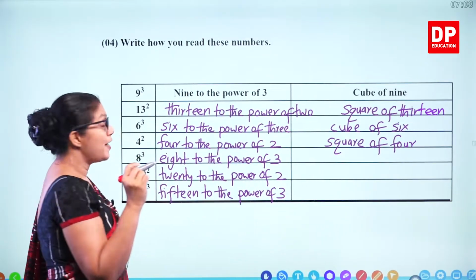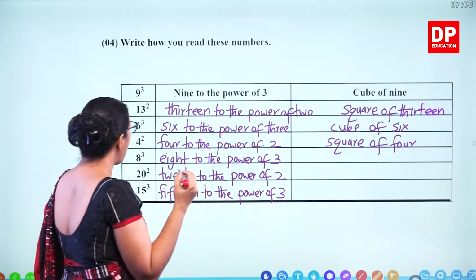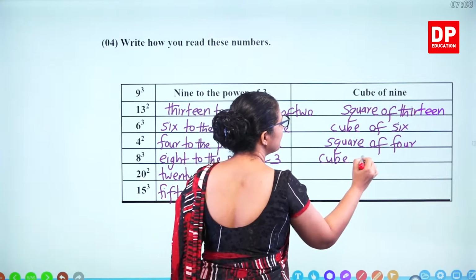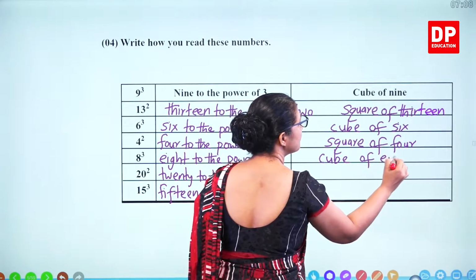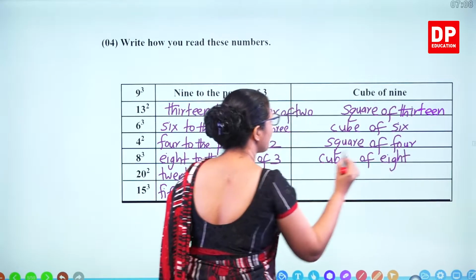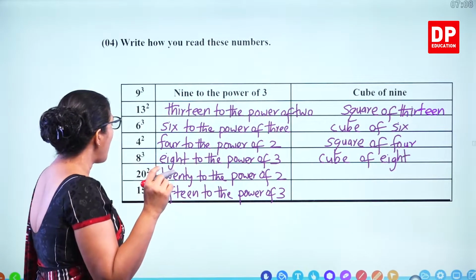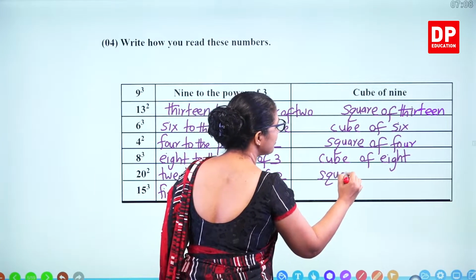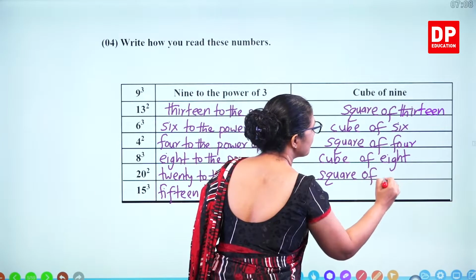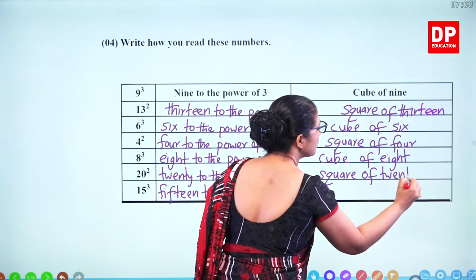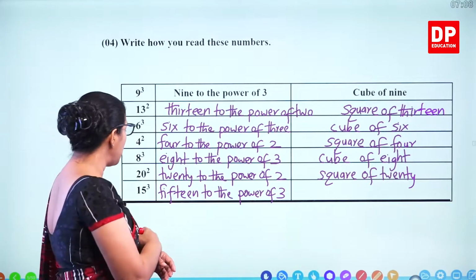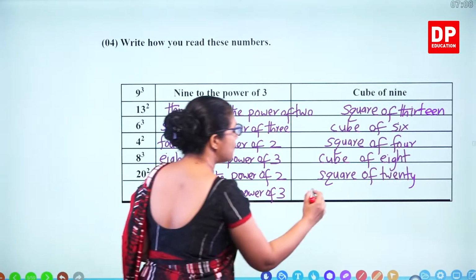This one 8 to the power 3, you can write 8 cube, cube of 8. 20 squared, square of 20. And 15 to the power of 3, that means cube of 15.